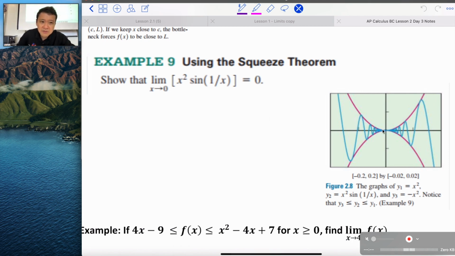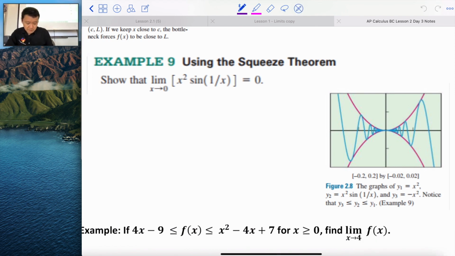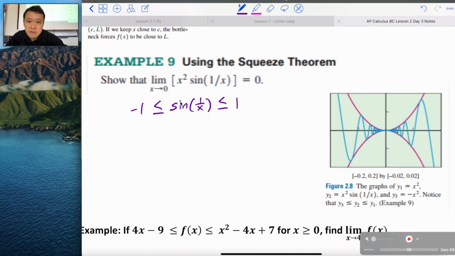I guess graphically we could see where we end up, but let's apply the Squeeze theorem for this one. Here are the steps to apply the Squeeze theorem. We start with the idea that even though we can't find the limit of sine of 1 over x as x approaches 0, we know that for any sine or cosine function, your output would have to be in between -1 and 1.